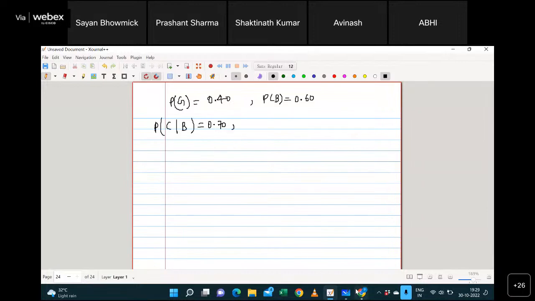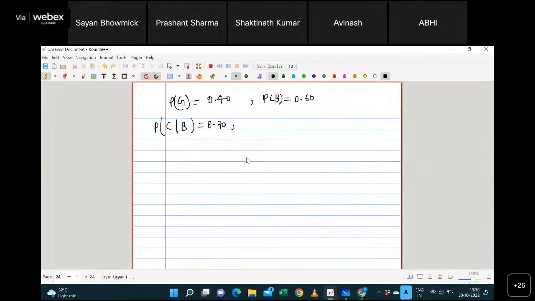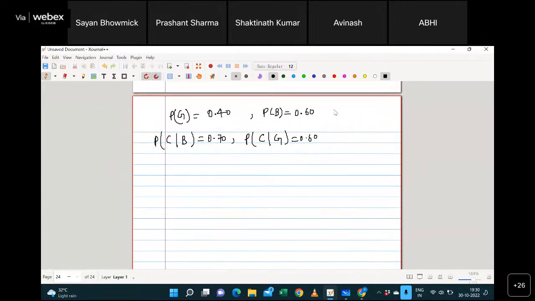Similarly, 60% of the girls play cricket, so the probability of cricket given girls is 0.6. We can draw a Venn diagram once, that will be easy. Then further football.